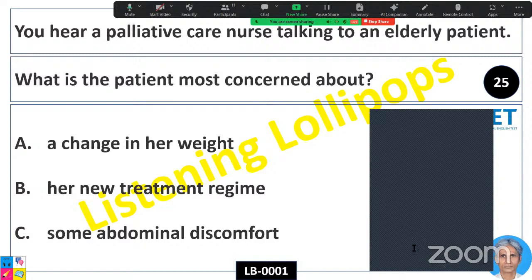Patient is female or nurse is female? So the patient has a female voice. Then is the nurse a male voice or female voice?